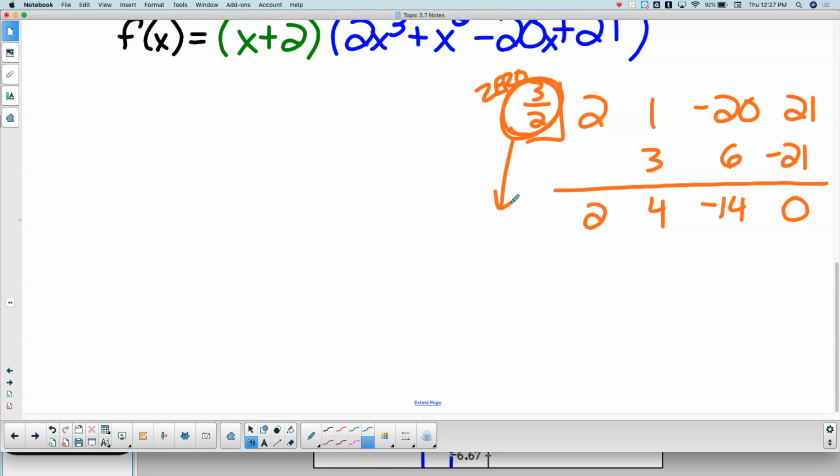So what does that mean? X minus 3/2 is a factor.